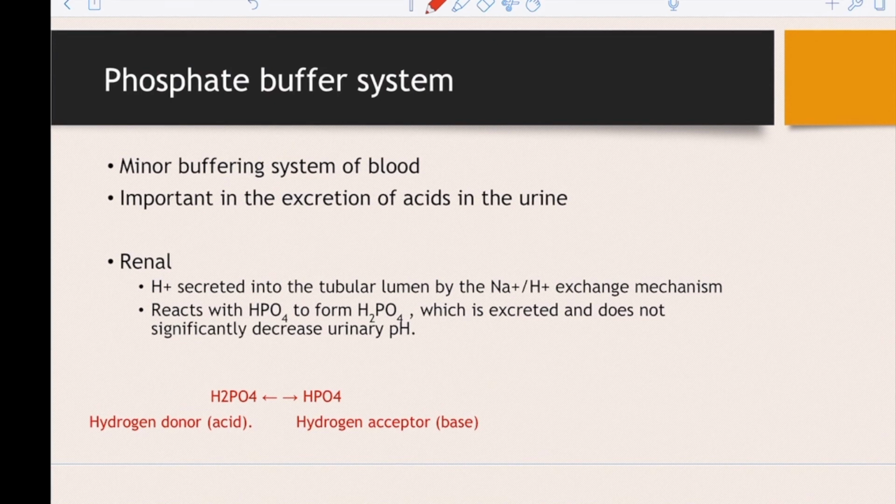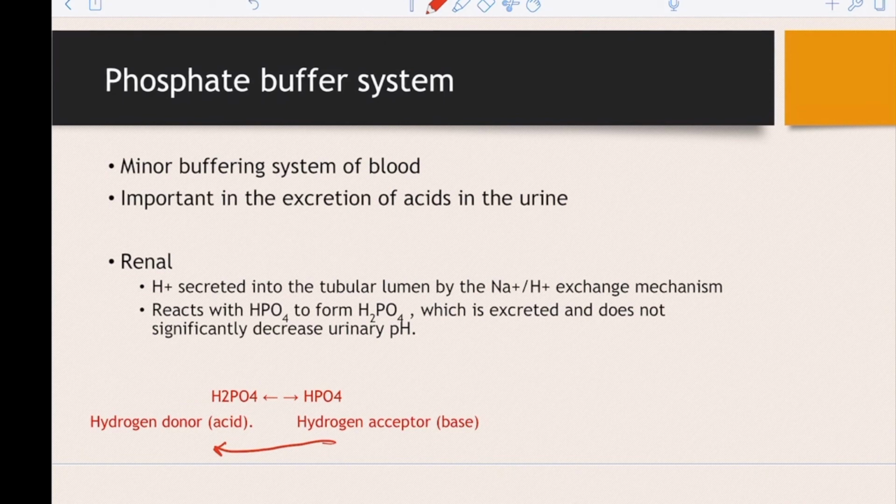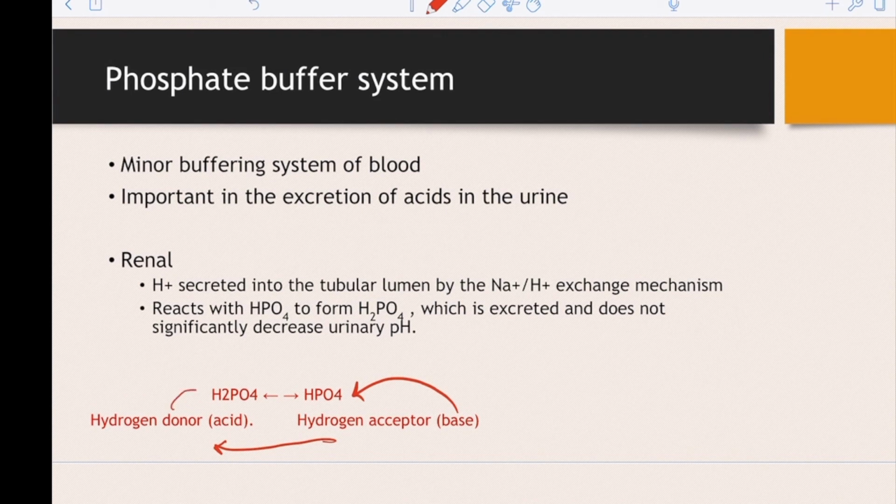And so as they're doing that, the HPO4 is going to accept those protons or those hydrogens. And when it does that, it's going to convert to H2PO4, which is the acid in this particular equation. So like we had talked about buffers before, we have our conjugate base, that's going to be our HPO4, and then we have our weak acid, and that would be the H2PO4 that's got the 2 protons.